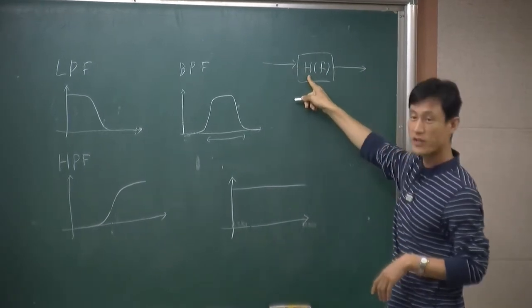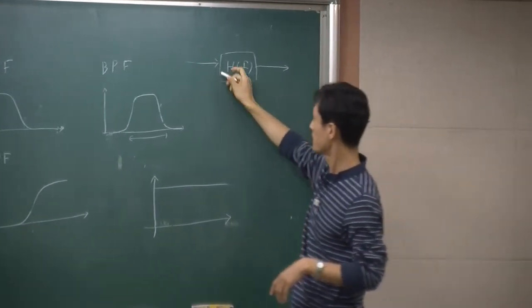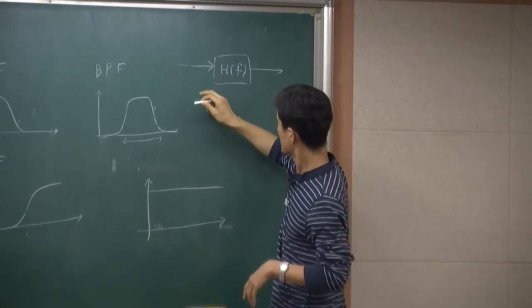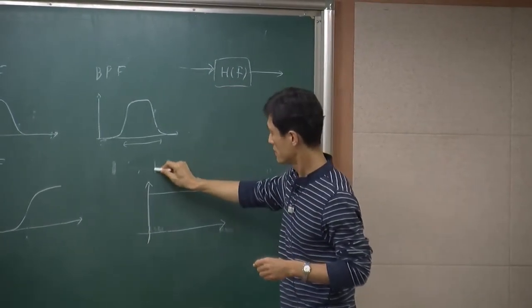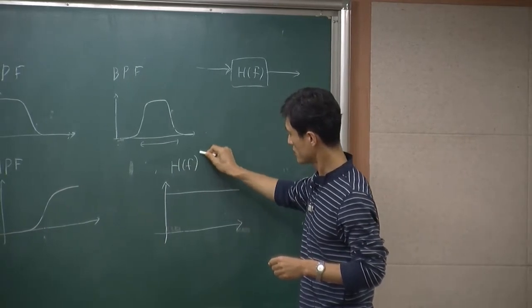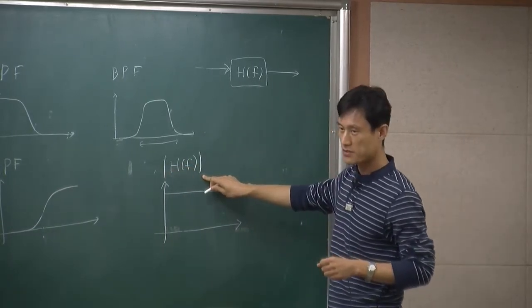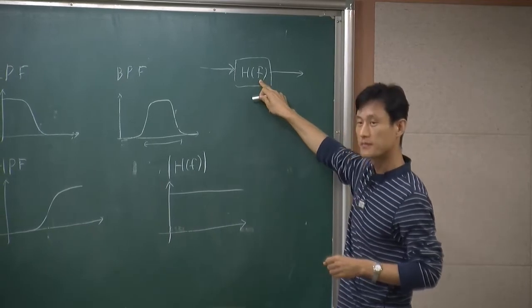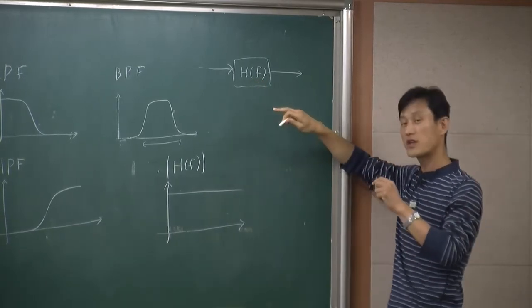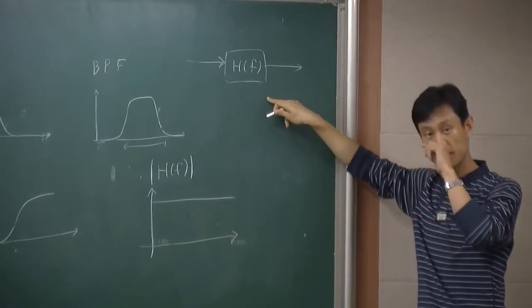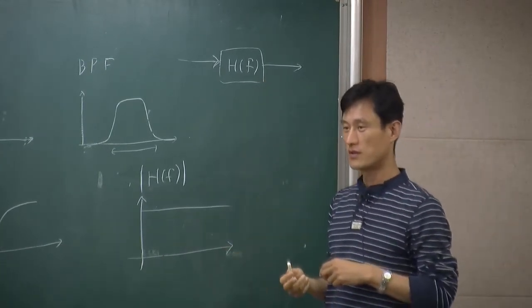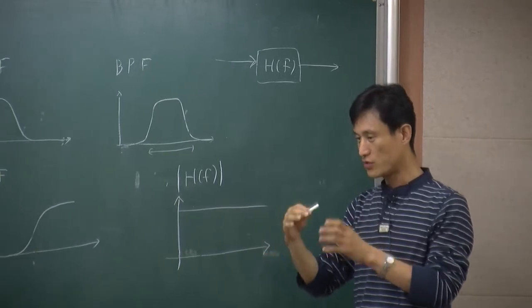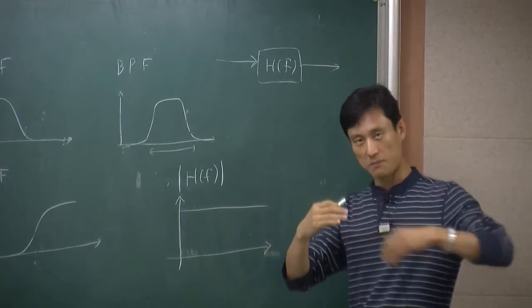What I'm drawing is the frequency domain response of a filter. Typically H(f) is the frequency response of your filter, and this is the magnitude. Whatever comes in, you keep the same magnitude and pass.